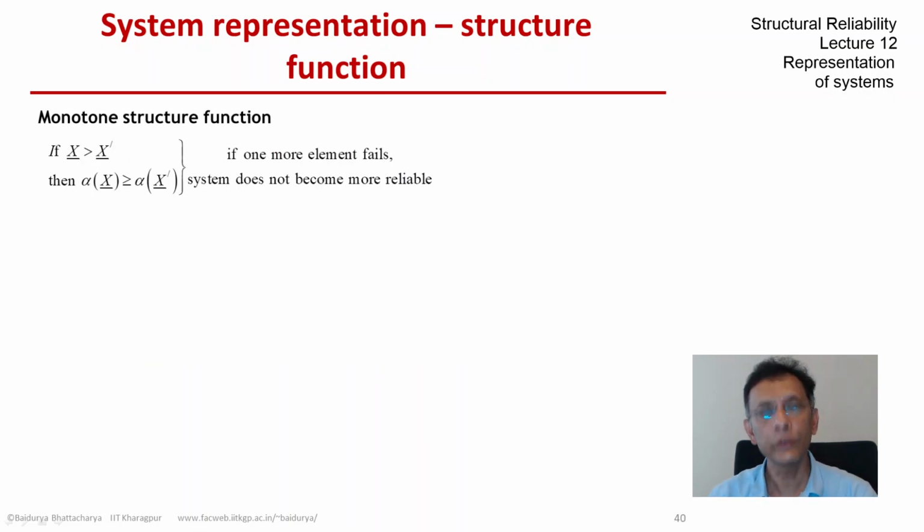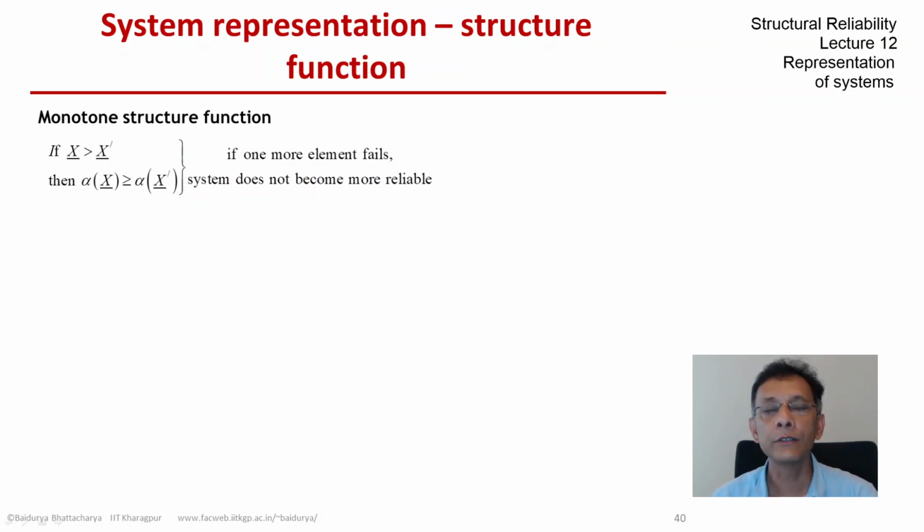The monotone structure function is a very useful property, and also a rather reasonable property for a system to have. In simple language, it means that if the system is in a down state, if the system has failed, then by failing an additional element, it's not going to come back up.